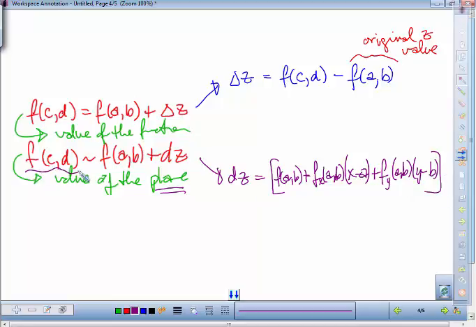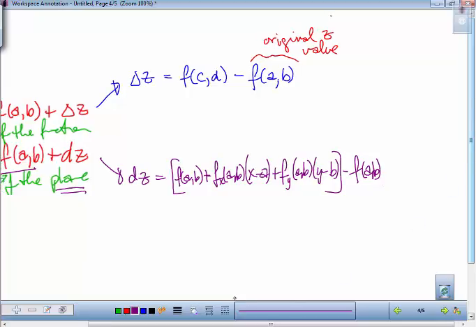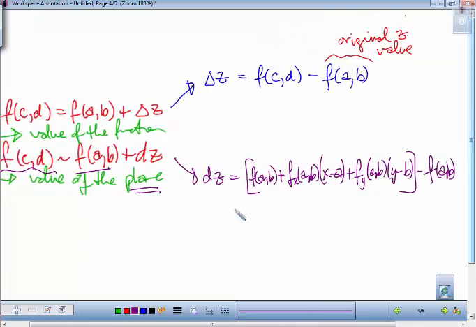So that's this approximation, and then you're going to say minus this thing that you would bring over to the other side, f of AB. And then you would get pretty much that formula for the differential, because these two would cancel, and then you just have this stuff.